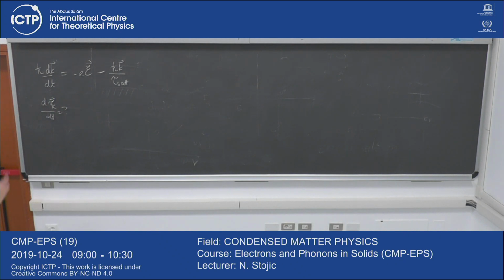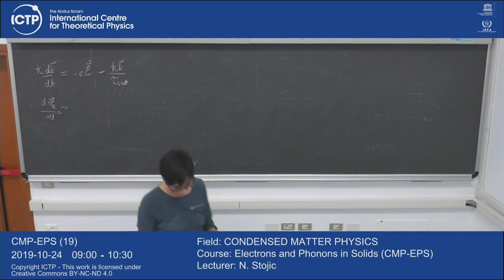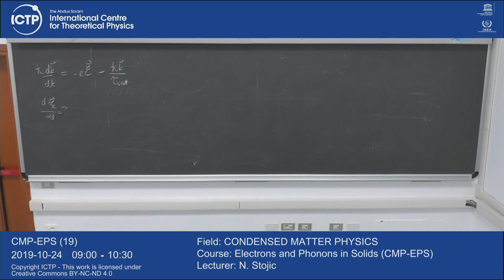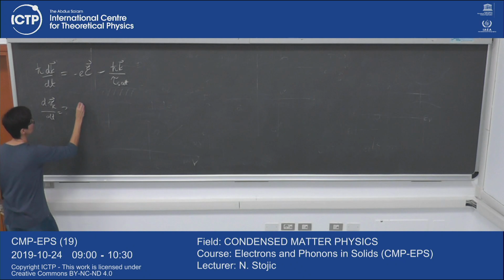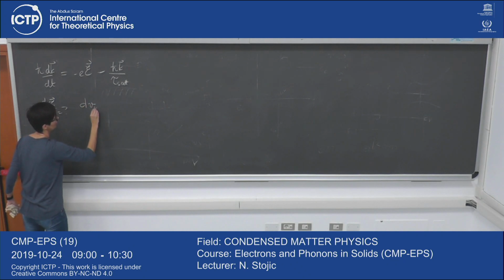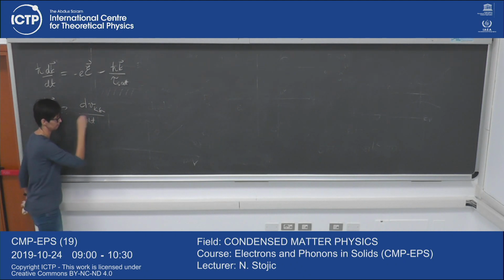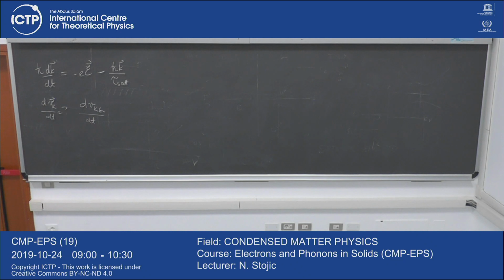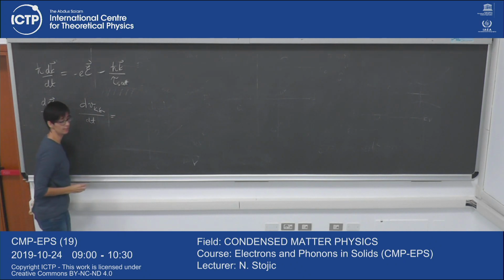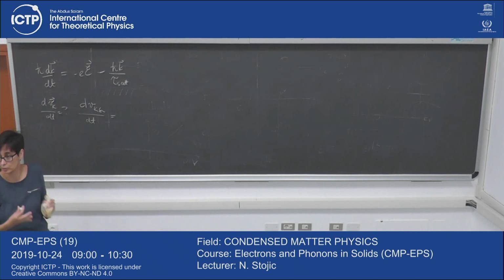I think I was doing it for only one component. So let's see for the alpha component. It's the x, y, or z component. How can I find the time derivative and the acceleration in that direction? This is just a component of the acceleration.